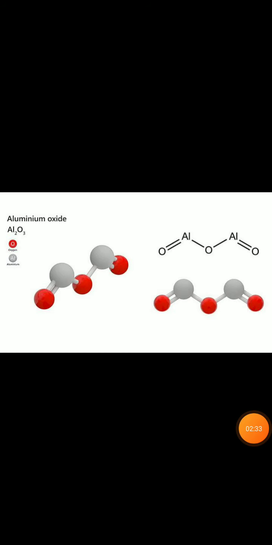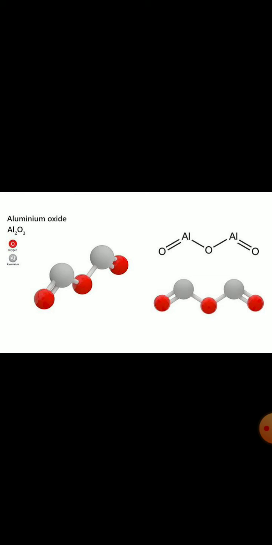Also, aluminium oxide, Al2O3, will be released with a large amount of heat, and this heat which is produced is so large that we will get the metal in molten state, which means in liquid state.